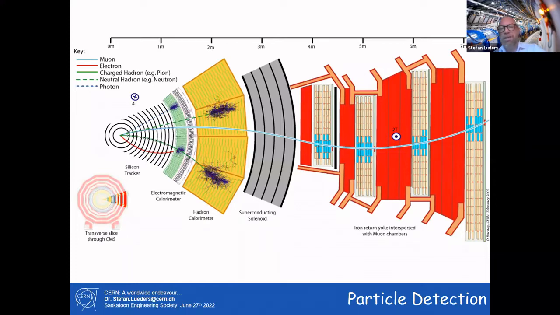The whole thing is put into a superconducting solenoid, a superconducting magnet field of a very, very big size, and you will see it later, and the particles are bent. Every particle is bent in the magnetic field. So now I can distinguish between the red electron bending in one direction and the green hadron here, which might be a proton or a pion, bending the other direction.